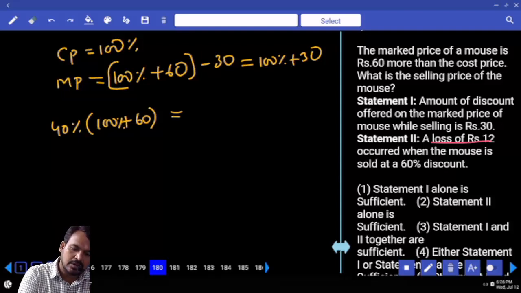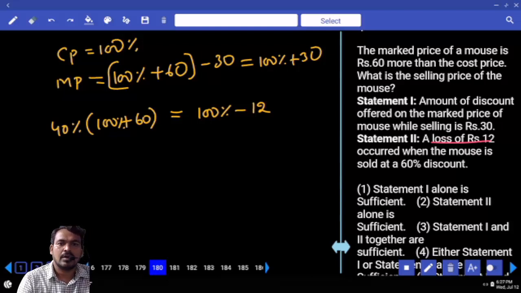It is also equal to which one? Cost price minus loss. What is the cost price here? 100%. Loss means minus 12. What is the left hand side? After discount selling price. Right hand side, cost price minus loss. We get which one?